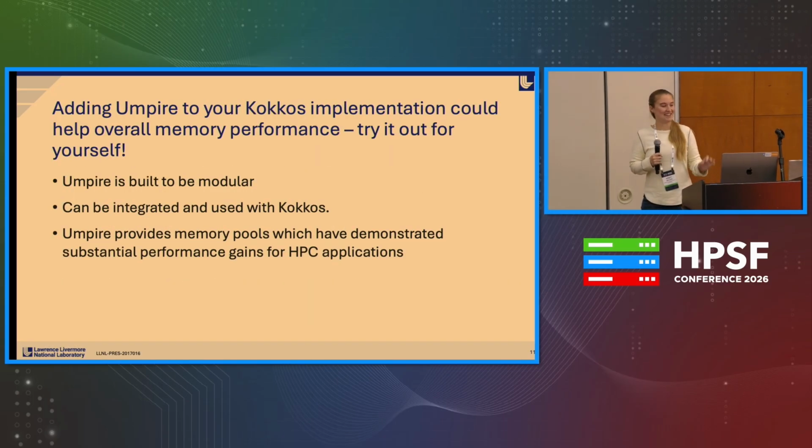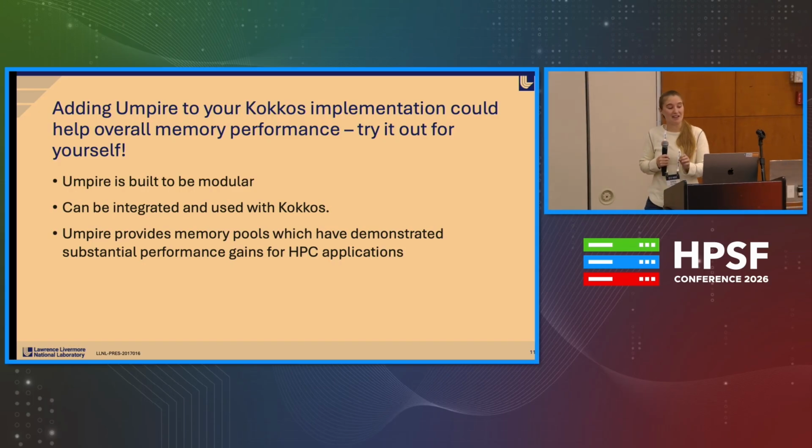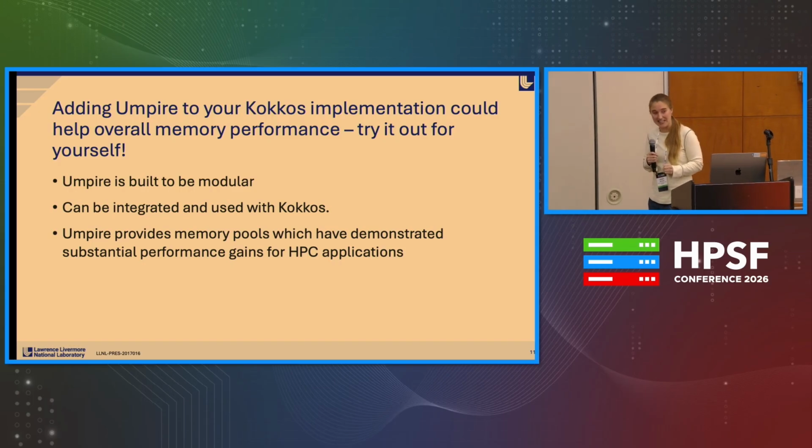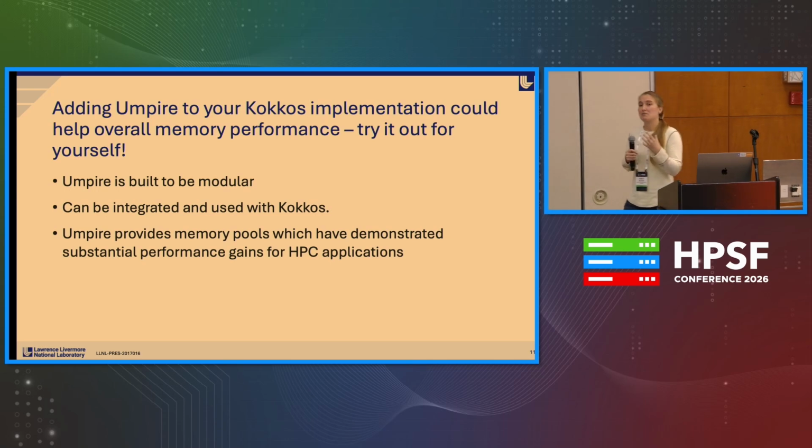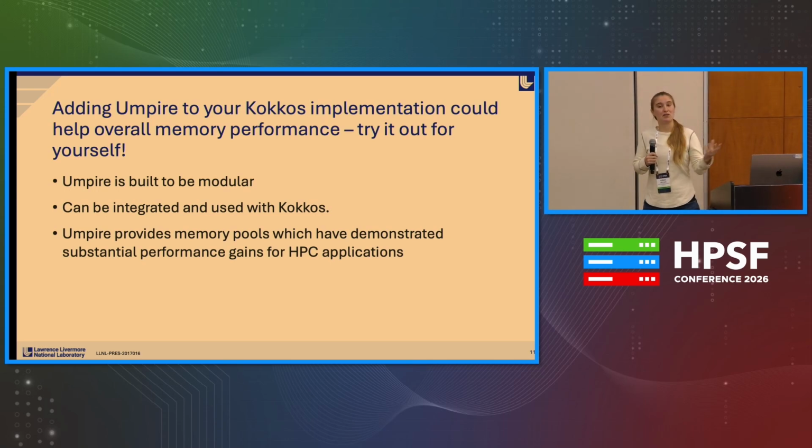So adding Umpire to your Kokkos implementation could help overall memory performance, and we really want you guys to try this out for yourselves. We're looking for people to use the code that we have developed to make Umpire and Kokkos work together. But it's important to note that Umpire is built to be modular.